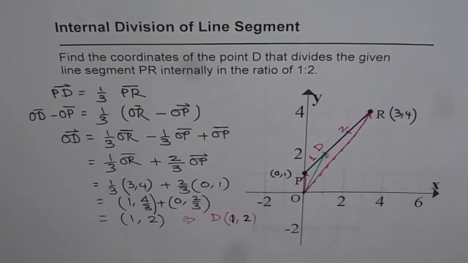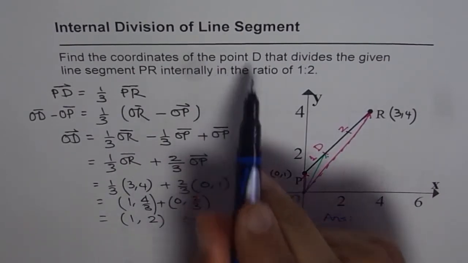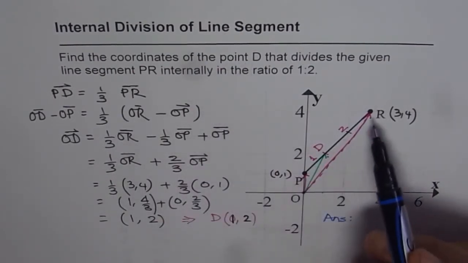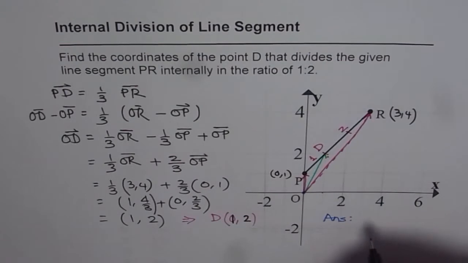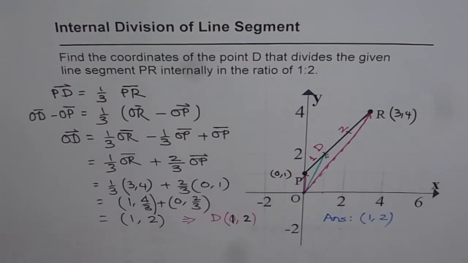So we can now write down our answer as the point D that divides the given segment PR in the ratio of 1:2 is 1, 2, right? And that's the vector way of doing it, right? Now this is such a beautiful method that it could be adopted whether you have a 2D or R3, it doesn't matter, right?